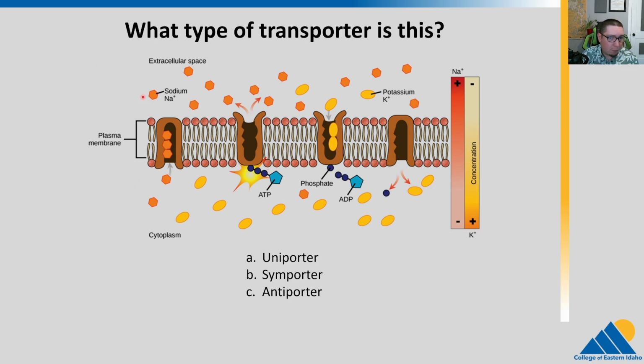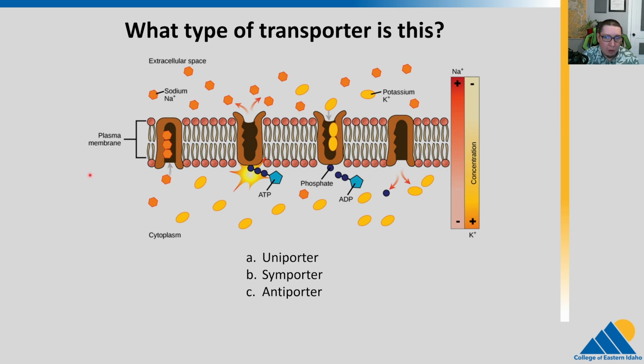We have sodium at a high concentration outside of the cell, and we have potassium, the little orange egg-like shaped things, at a high concentration inside of the cell. You can see sodium is being moved outwards, and our potassium is then being pulled inwards.